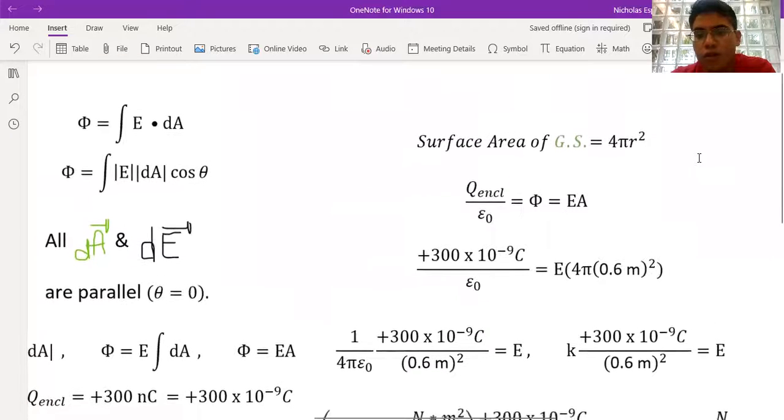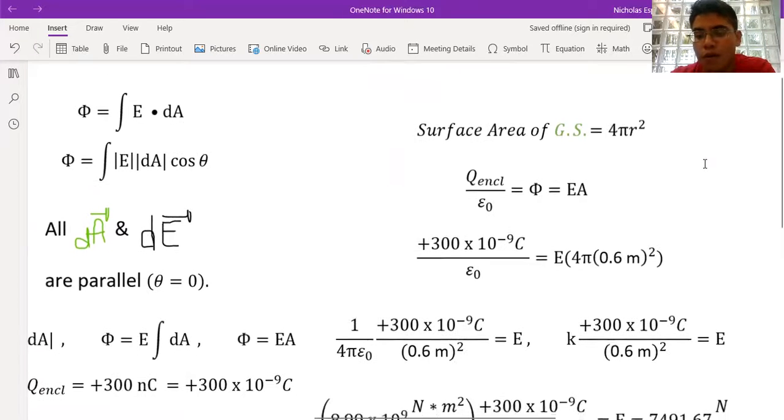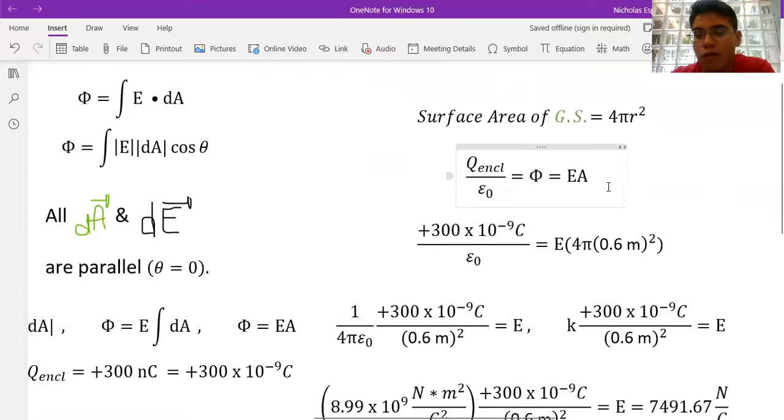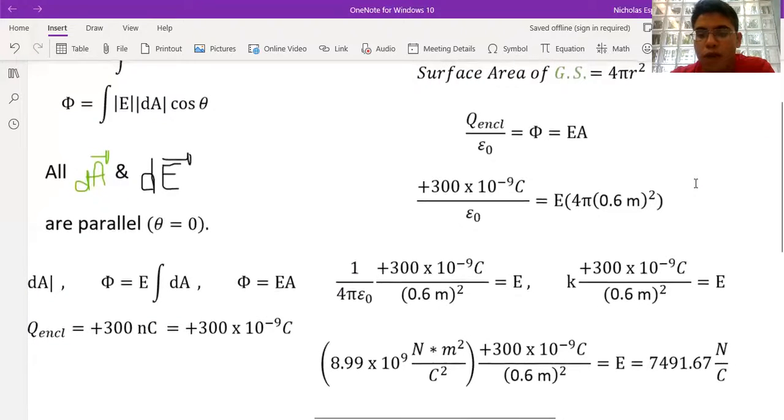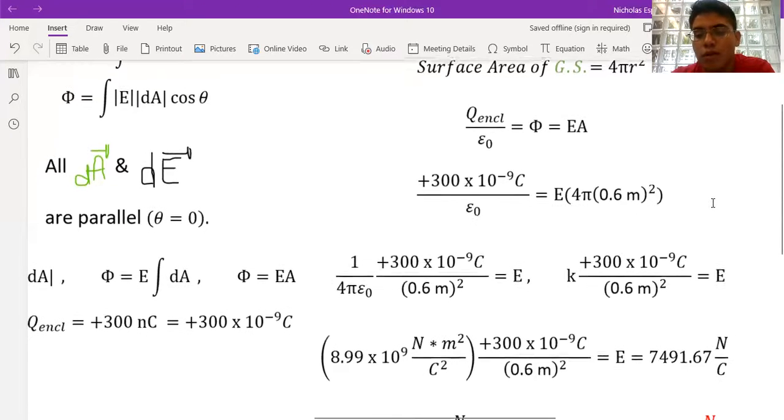Then we have to ask ourselves, what is the area of this Gaussian surface? Our Gaussian surface is just a sphere, and the surface area of a sphere is 4 pi r squared. So we replace A with 4 pi r squared, and we have the charge divided by epsilon naught equal to the electrical field times 4 pi r squared, remembering that r is 0.6 meters.